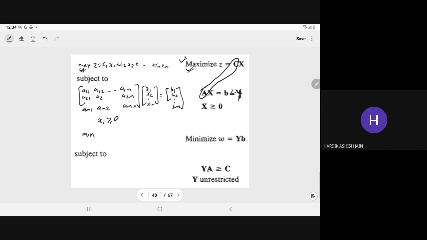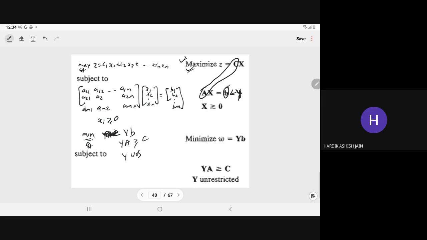Since it is minimization, we take the right-hand side, so it becomes minimize w = yb, subject to yA ≥ c, and y is unrestricted in sign.